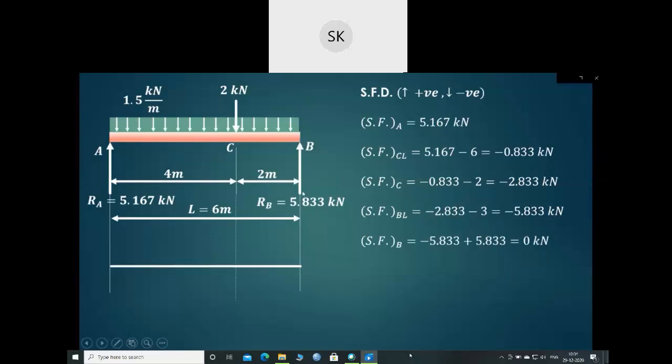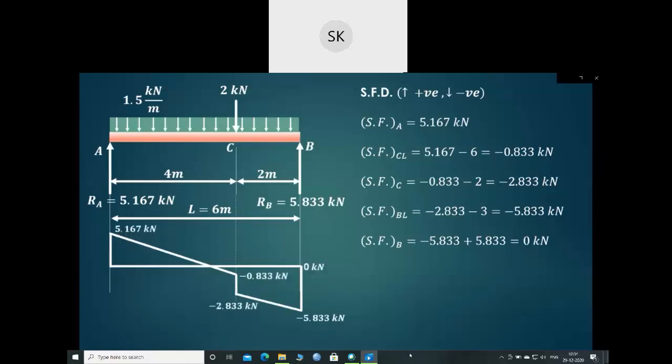Exactly at B, the reaction acting in the upward direction will get added. So it is minus 5.833 plus 5.8333 kilonewton, that is 0 kilonewton. So using these values we can draw the shear force diagram: shear force at A, shear force at C left, exactly at C, then B left, and then at B.